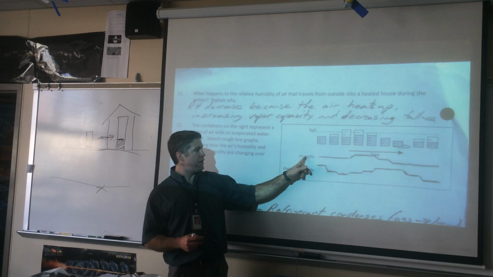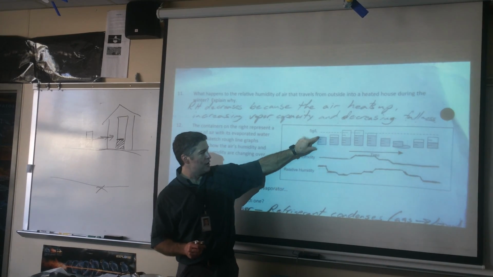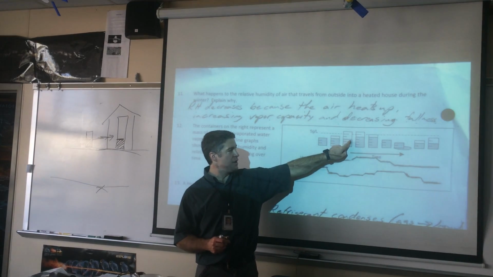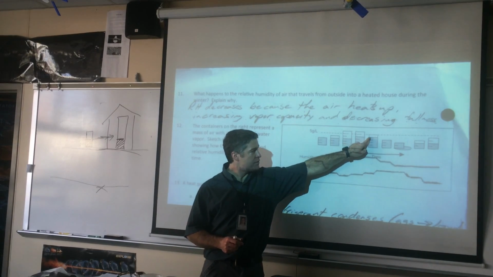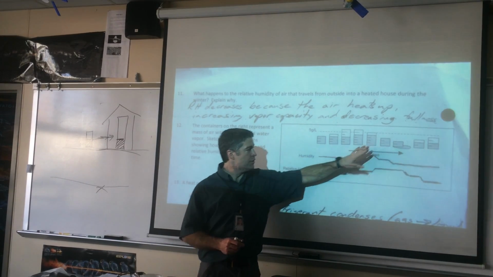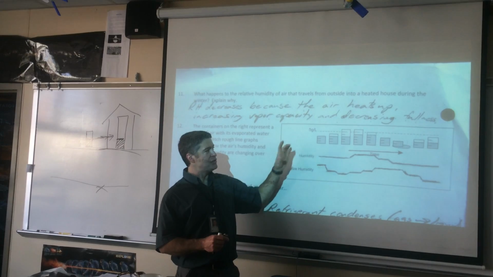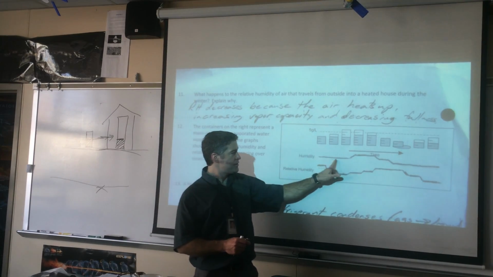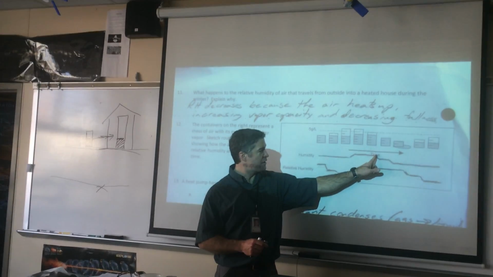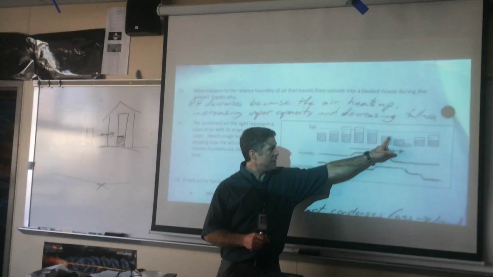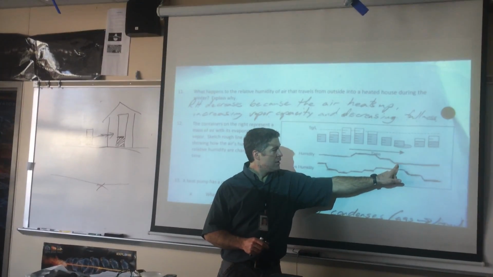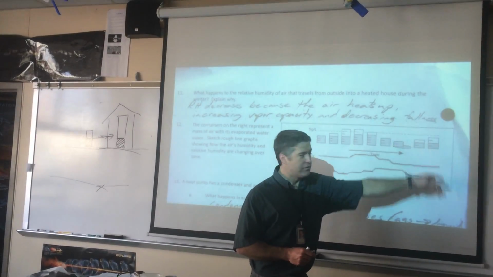So humidity, all you have to do is look at the water levels. They're the same, goes up, stays at the same level, goes down. So this is the actual amount of water vapor in the air. Stays the same, goes up for a little while, stays the same, goes down, and then it goes down again, and then it stays at that same level the rest of the time.